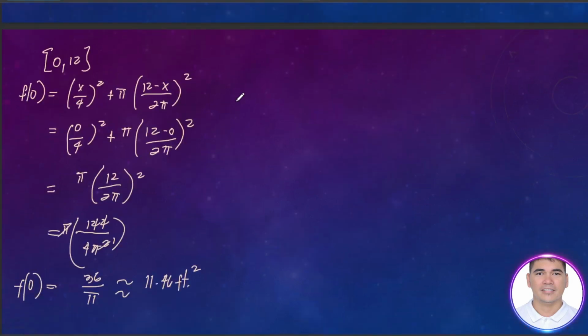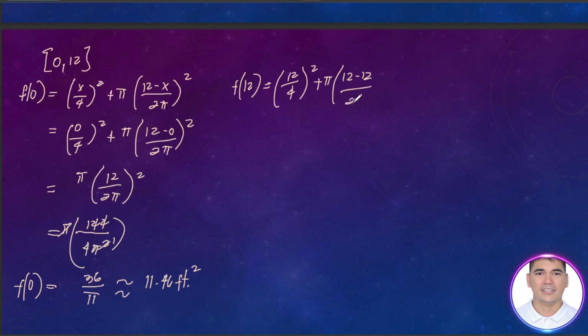Now next, if our x is equal to 12, we get 12 over 4 squared, plus pi times 12 minus 12 over 2 pi, squared. That equals 144 divided by 16.